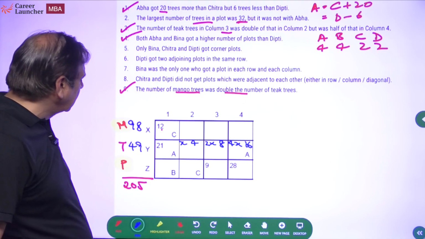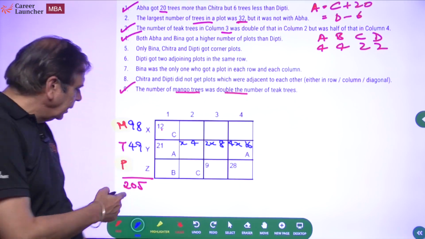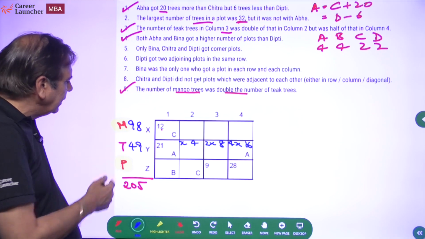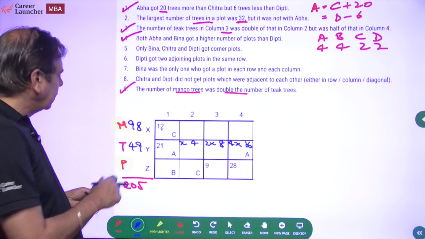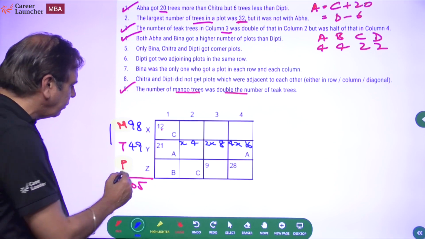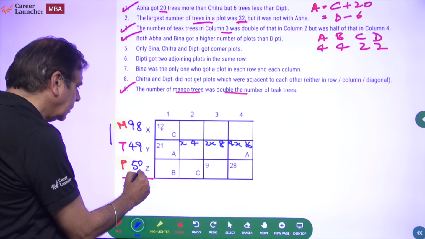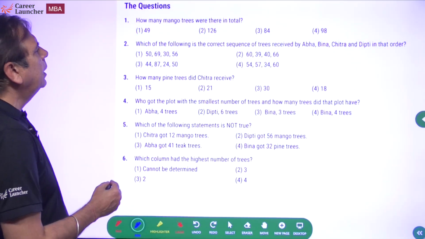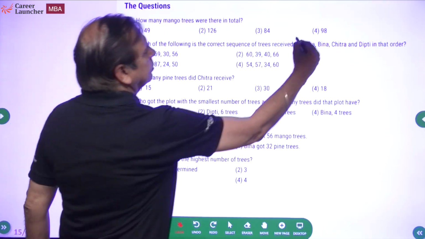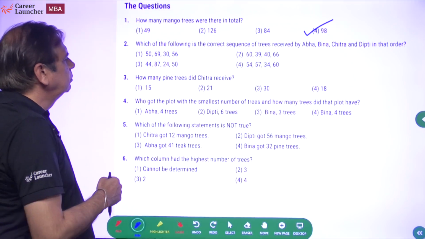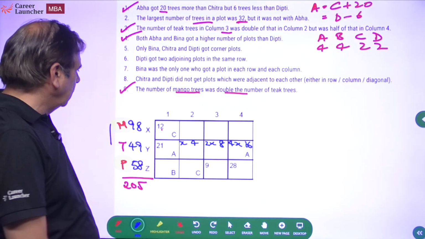Number of mango trees is 98, teak trees is 49. How many will be pine trees? 205 minus 98 minus 49. So 49 into 3, this is 147. So 58. One question solved. How many mango trees were there in all? 98.